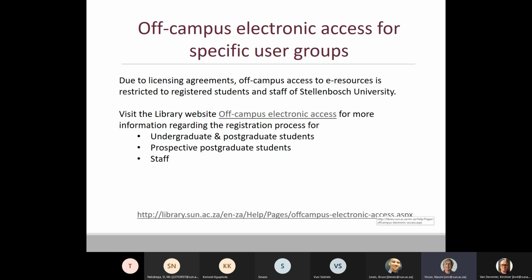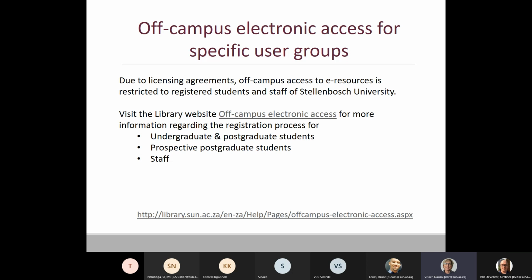Okay, I've mentioned the licensing agreements that we have with our suppliers and how important it is that access to the resources is restricted to registered students and staff of Stellenbosch University only.